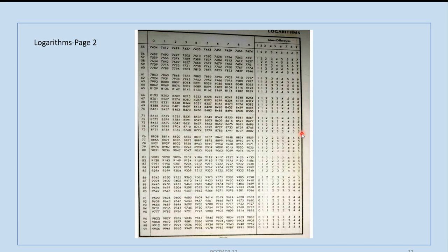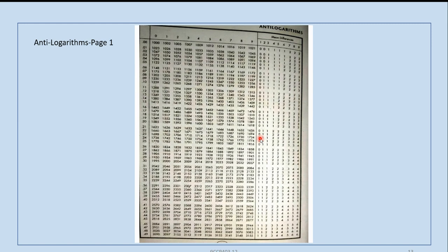Now we have to see this number in anti-logarithms. The answer for the logarithm is 7.4357. Now we have to go to the anti-logarithm tables, which are on the next pages. In anti-logarithm, first you do not take that 7, you keep 7 aside. You take 0.43. So 0.43 is here, same as we have seen in the logarithms.